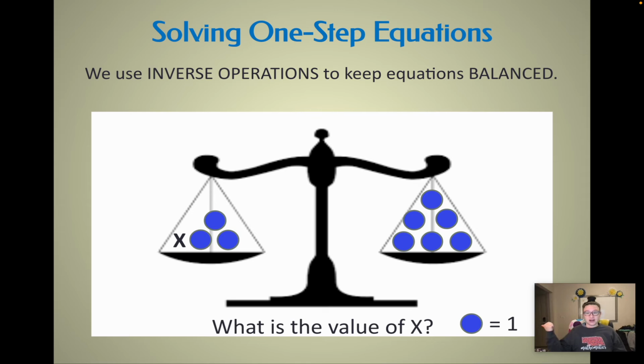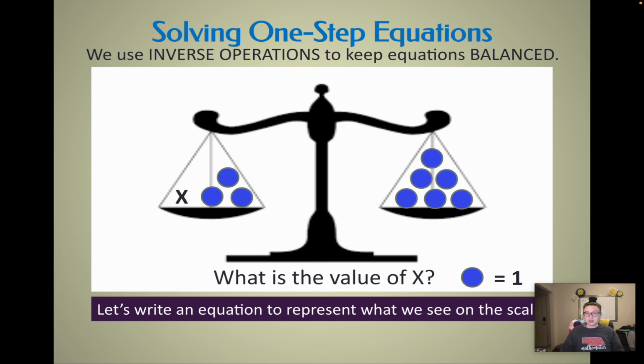And if you see right there, it tells you that 1 blue circle is equal to 1. On the right side of my equation, we have 6 of those blue circles. So I'm trying to figure out what would X equal? What would be my inverse operation that I could do to make sure that both sides of my scale stay balanced?